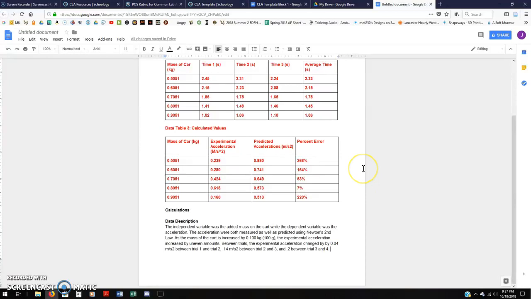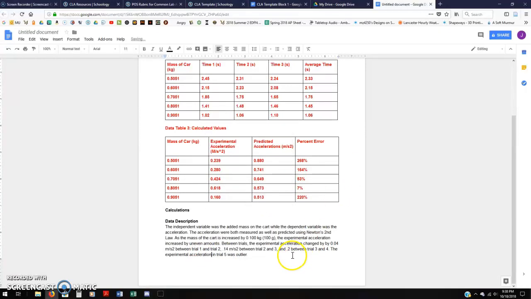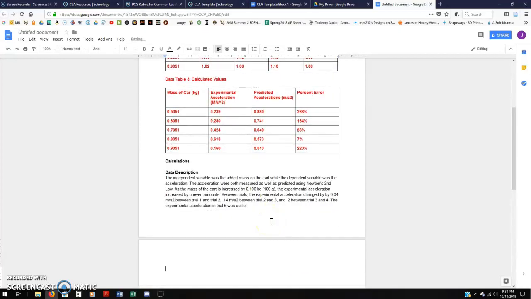Lastly, I might say that the experimental acceleration in trial 5 was an outlier, meaning that it was too far away from the other measurements for us to actually want to count that in our description.